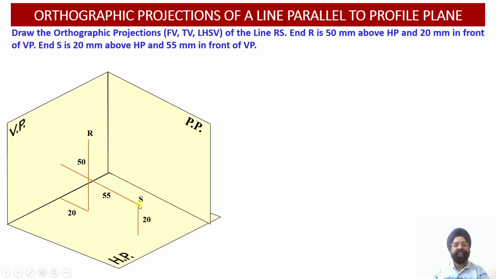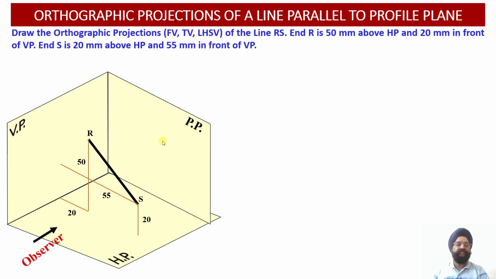And since this line RS is parallel to the profile plane, we can now join points R and S in the 3D spatial environment like this. Having obtained the coordinate locations, we now have to obtain the true length of this particular line onto the profile plane.